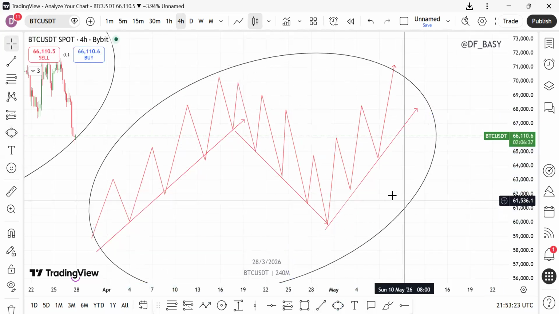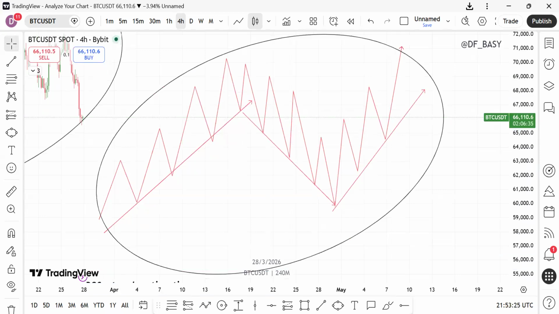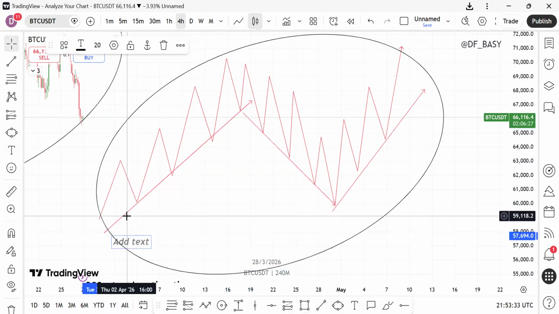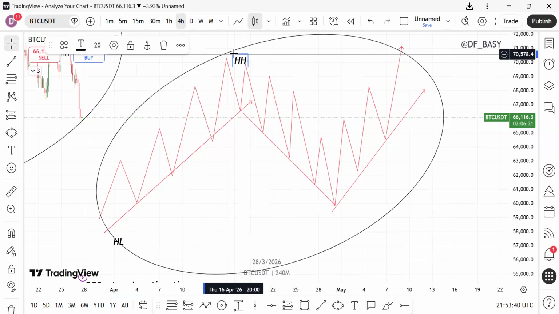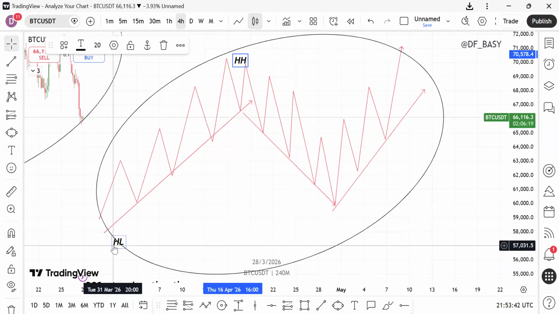Let's say this is a higher low, and this is a higher high, and this is a higher low.